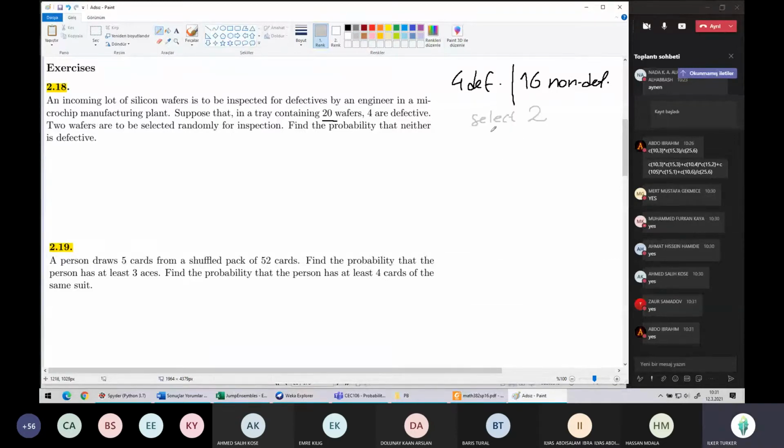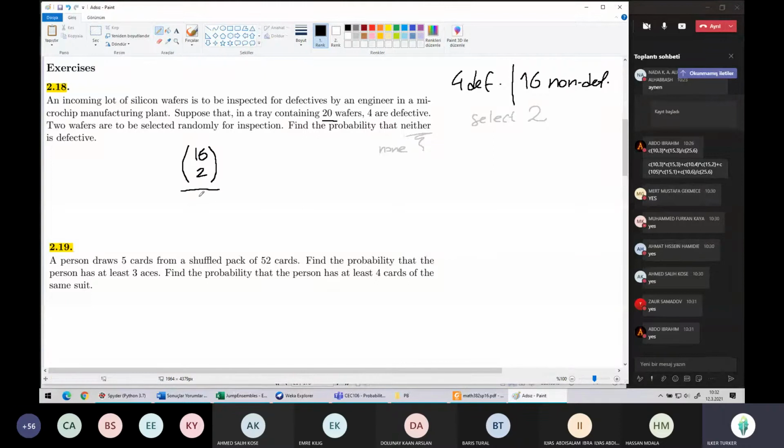Find the probability that neither, what does it mean? None is defective. Yes, none of them are defective. So we select the 2 among non-defectives. In how many ways can you select 2 silicon wafers among 16 non-defectives?